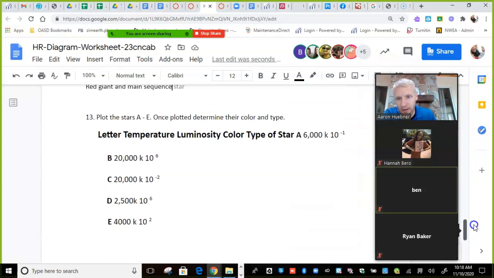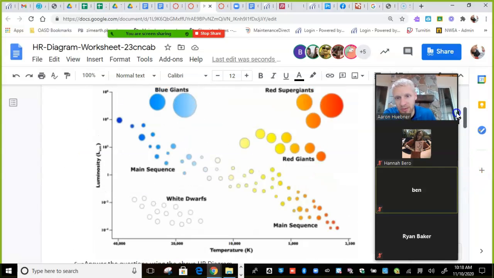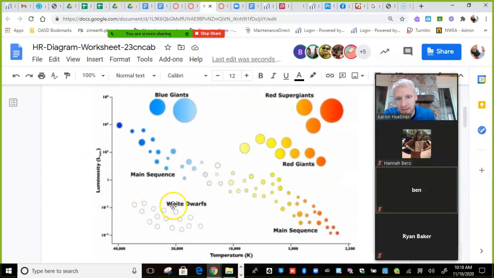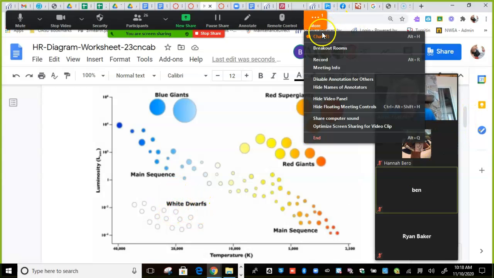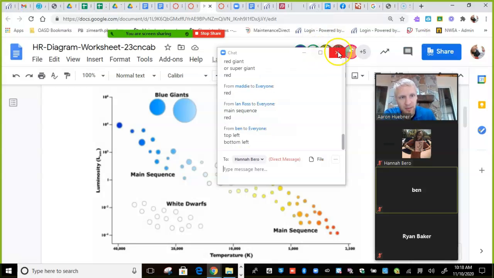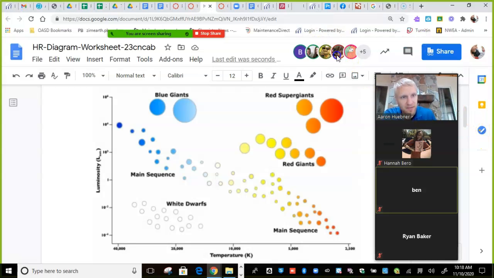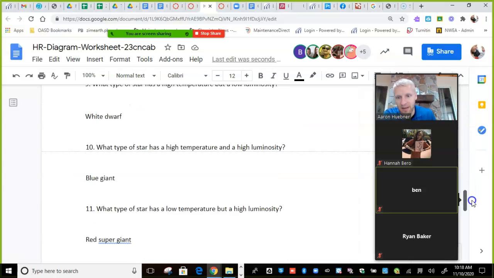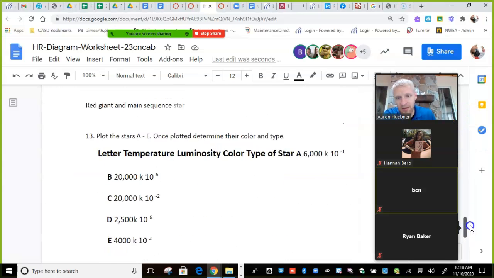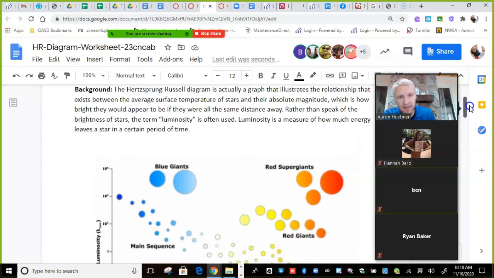Nice. Then we got 20,000 Kelvin, 10 to the negative 2. Looking like the white dwarf range. Bottom left, you got it. And then there's 2,500 Kelvin, 10 to the 6.